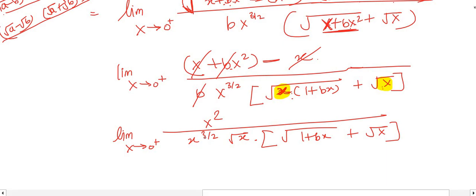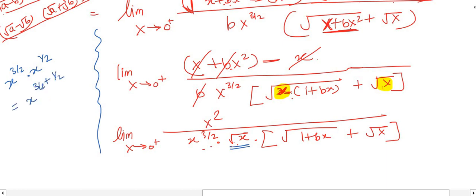Simplify further. What is 3 by 2 into root x? What is this? This into this. X power 3 by 2 into root x. So root x is power half. So it will be 3 by 2 plus half. Powers are added, so it will be 4 by 2, which is x square. Correct? So this part which I solved here is nothing but x square.